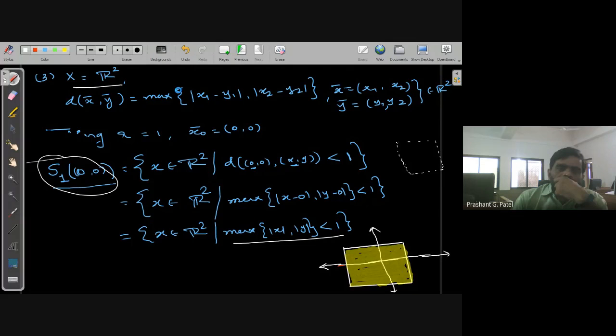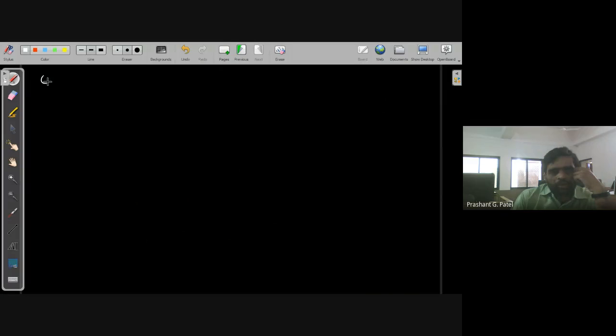The fourth example that we will take is also with R2. But here I am changing the metric, that is d of x bar, y bar.